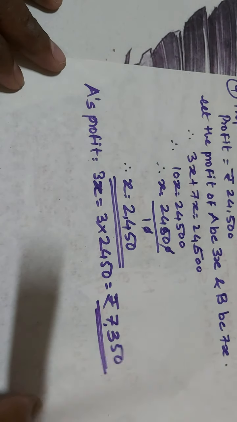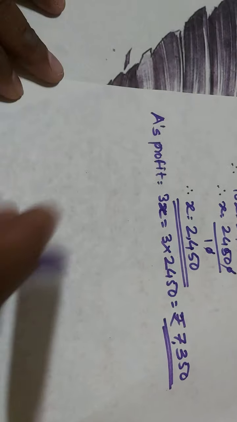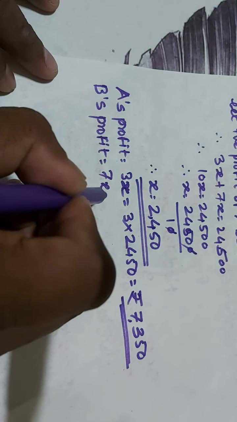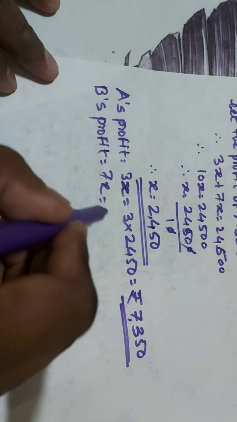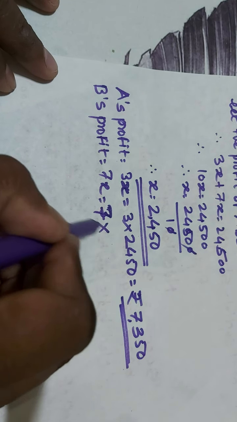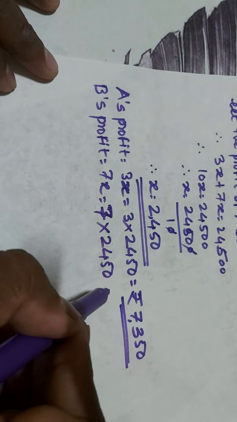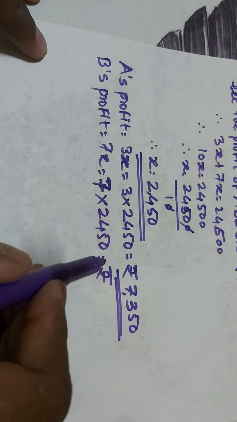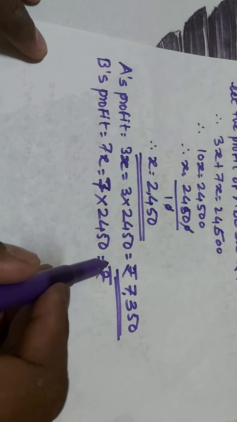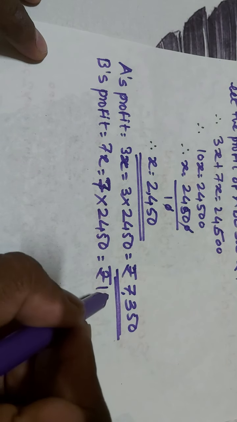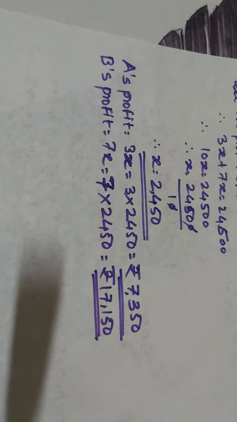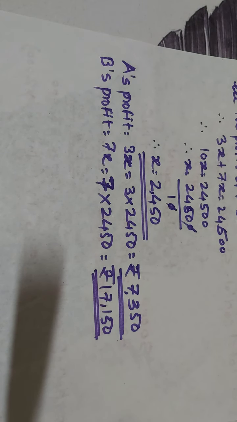Now this is A's profit. Now we'll see B's profit. The proportion is 7, so 7x. The x value we know, 7 into 2450, so rupees 17,150. So now we got A's profit and B's profit.